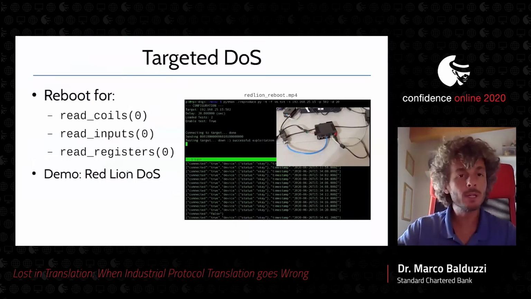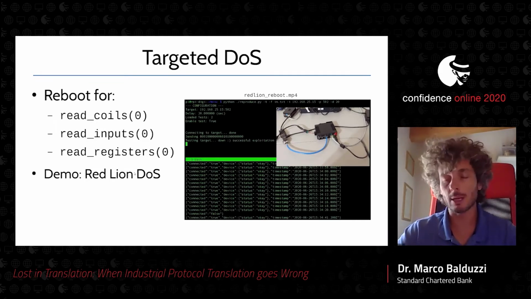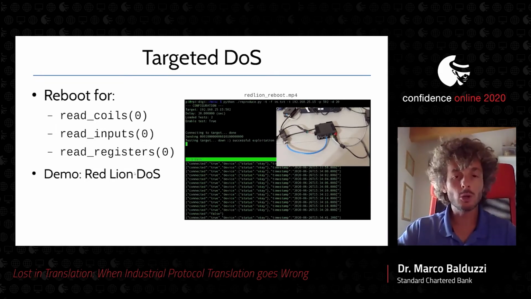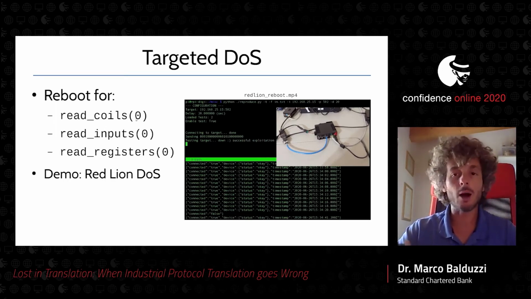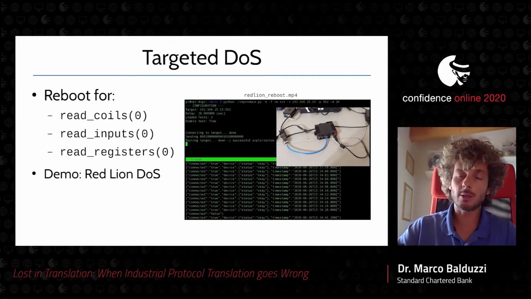But one called Red Lion was actually even cooler, because by sending a single packet, you could basically make the device reboot. One of these packets is called read coil 0, which means you want to read out of a slave the value of the address number 0. This device is a data station.